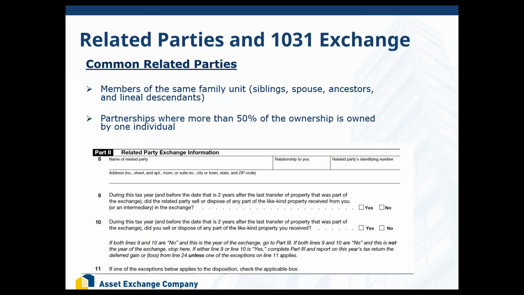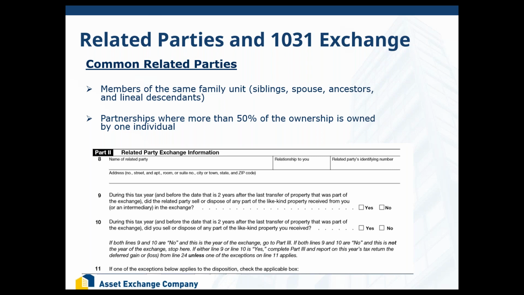Okay. Now, related parties in a 1031 exchange. You know, if you sell to a related party and you're doing a 1031 exchange, or if you're purchasing from a related party in a 1031 exchange, you just need to be really, really careful. All right. Related parties, that's like your spouse, your kids, your parents, your grandparents. If you own more than 50% in a company, in an entity, that's considered a related party.